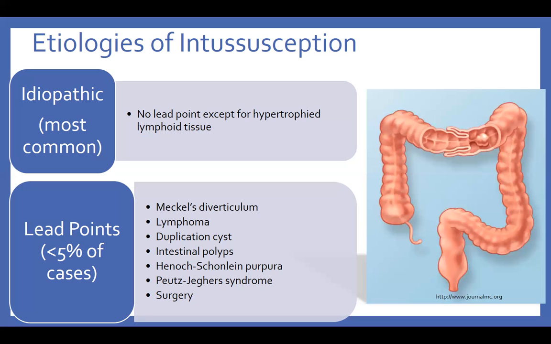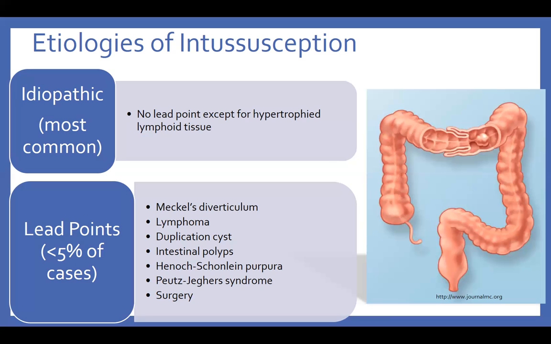It's a disorder that causes inflammation and bleeding in the small blood vessels in the skin, joints, intestines, and kidneys. In our situation, it's going to be the intestines.